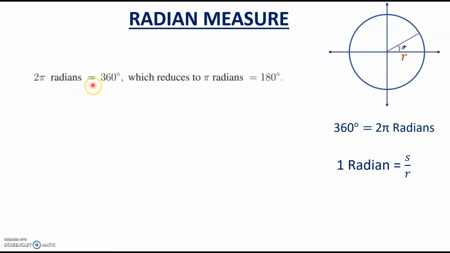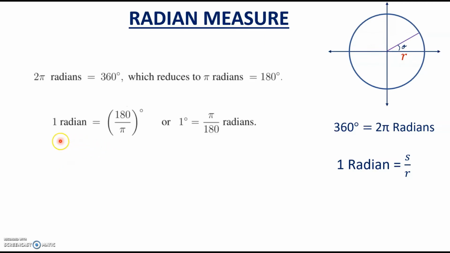Pi radians is equal to 360 divided by 2, which is 180 degrees. In other words, 180 degrees is like the semicircle. So, the angle of the semicircle would be pi radians, or we can call it 180 degrees.